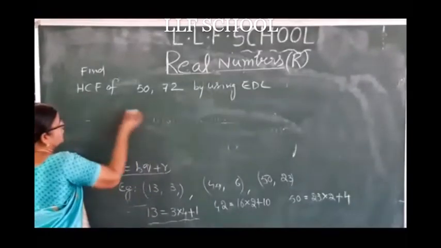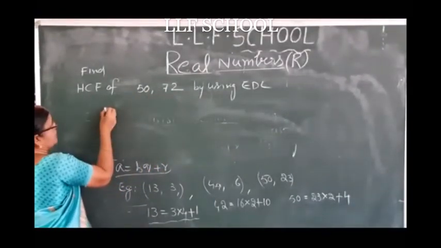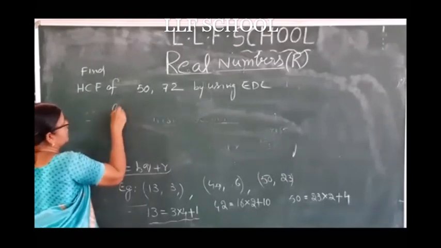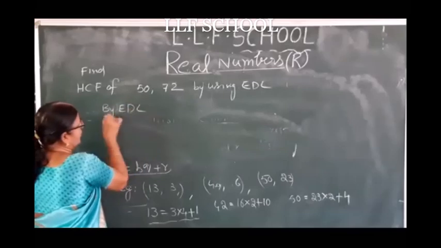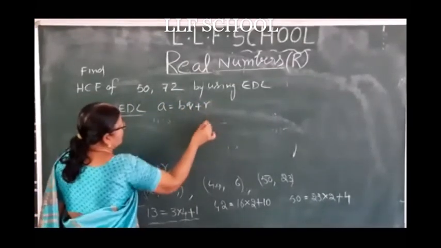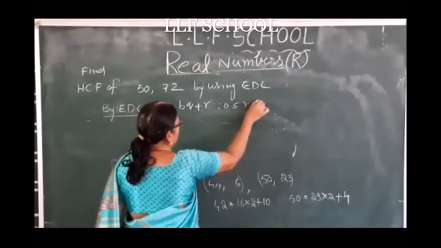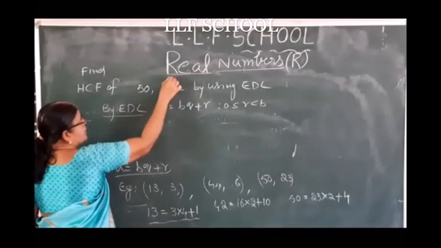See here, this is the A number, this is the B number. A is the greater number, A is equal to 72. By applying the EDL statement, A = BQ + R, where 0 ≤ R < B. Now here A is 72.